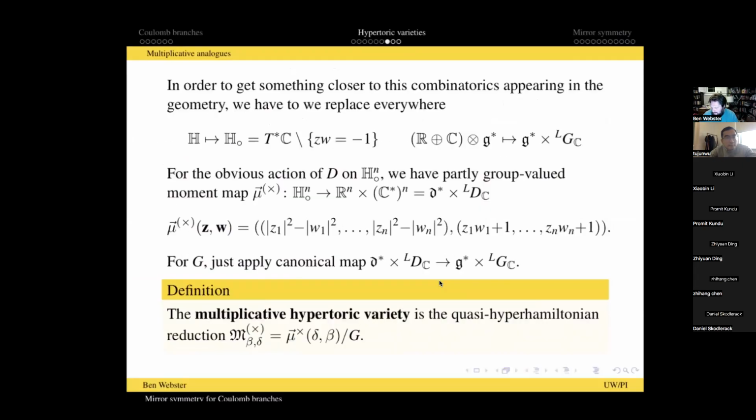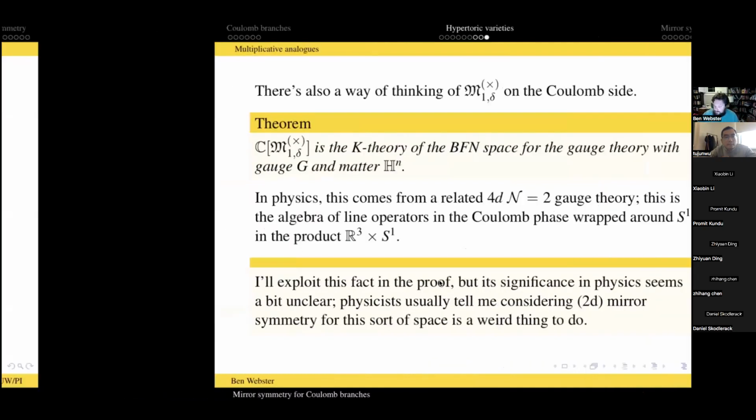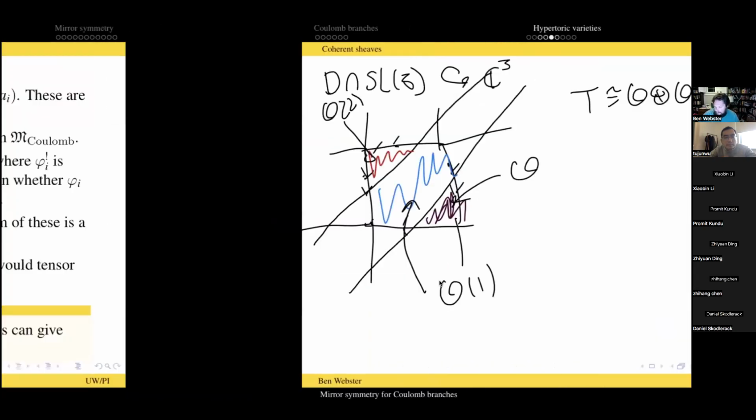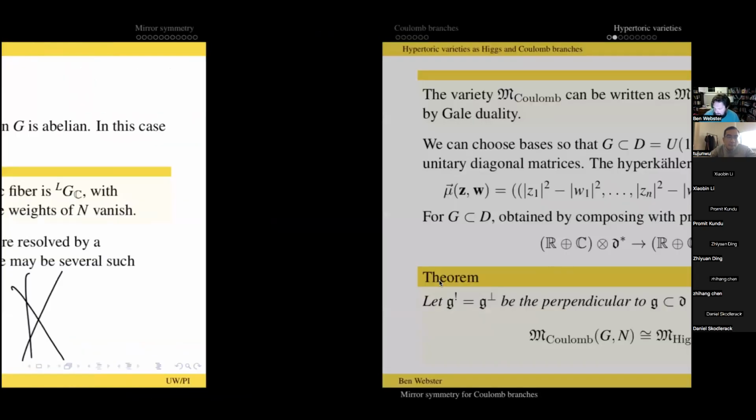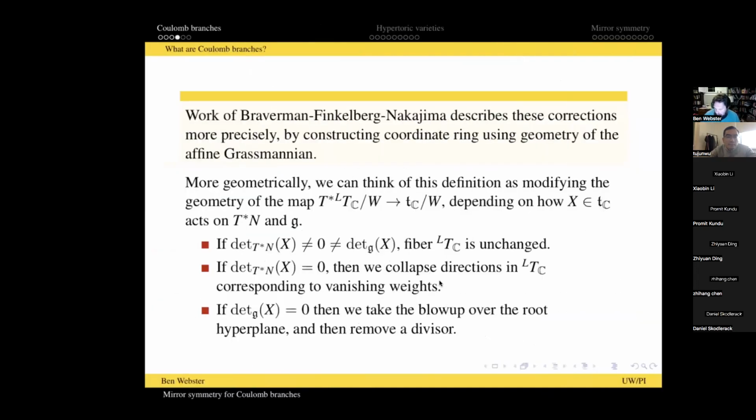And maybe I will skip some of this stuff. This guy has a natural BFN resolution where everywhere that I took homology in BFN's construction, I take K theory.